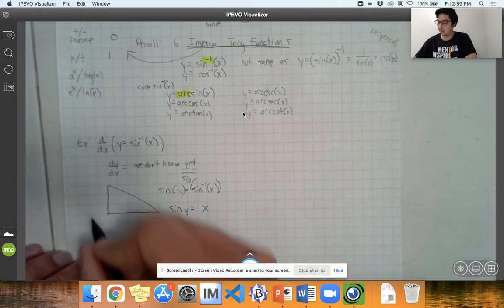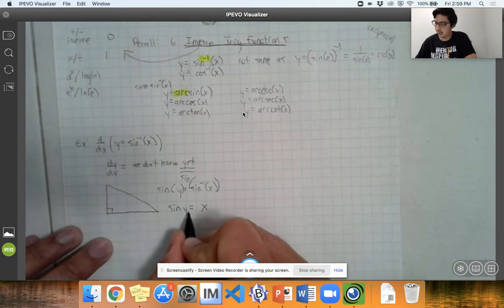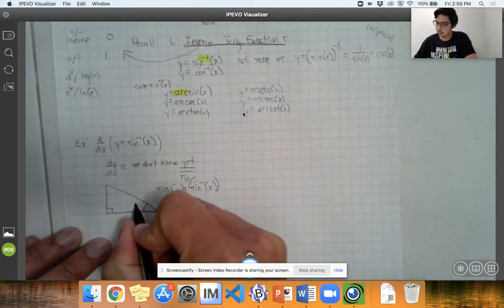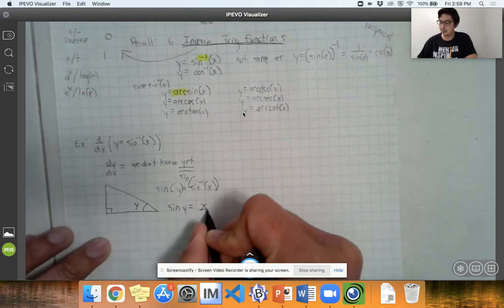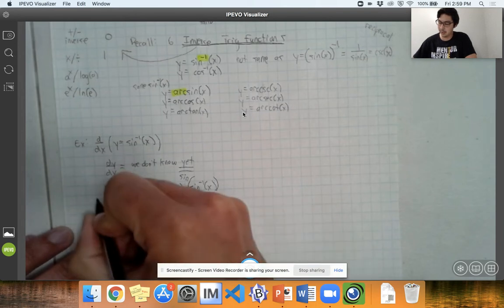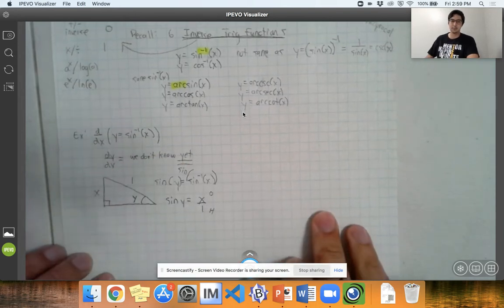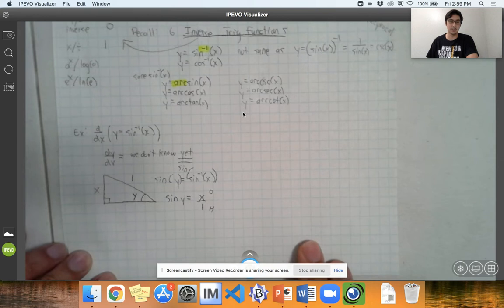So what we're having here is, in a right triangle, that the sine of an angle y is equal to x. Now remember, sine is opposite over hypotenuse. I could write that as x over 1. So it's opposite over hypotenuse, so then it would be x over 1, if we're labeling the lengths of this triangle.